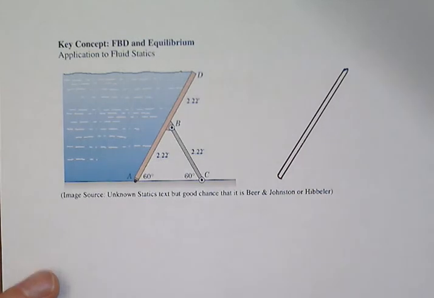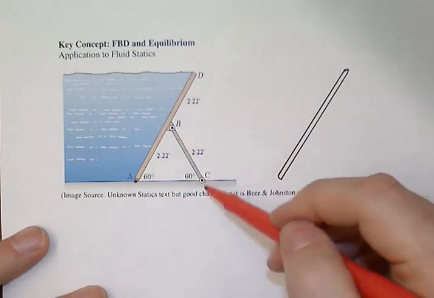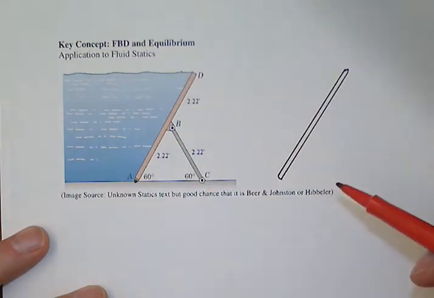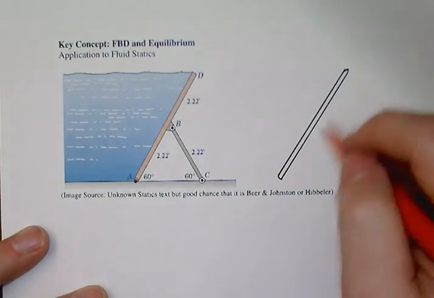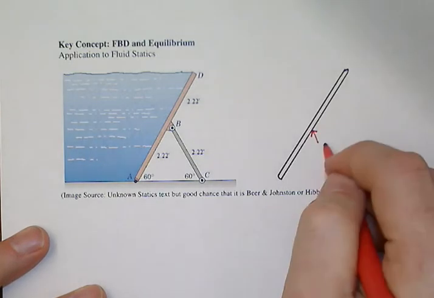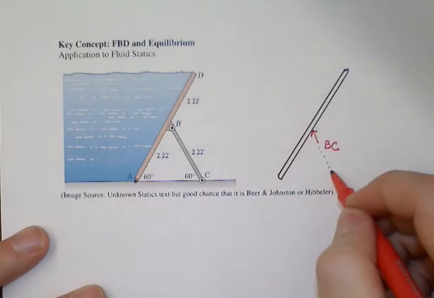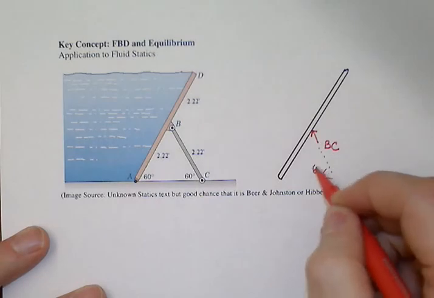And so when we draw the free body diagram of it, we want to take advantage of things such as BC as a two-force member because it's pin connected on each end. It doesn't have any loads applied, and so that immediately tells us the orientation of the unknown force there, BC, in this case being at 60 degrees from the horizontal, right?